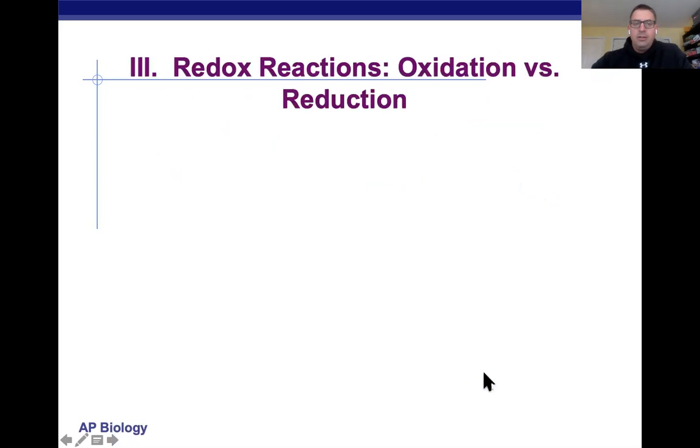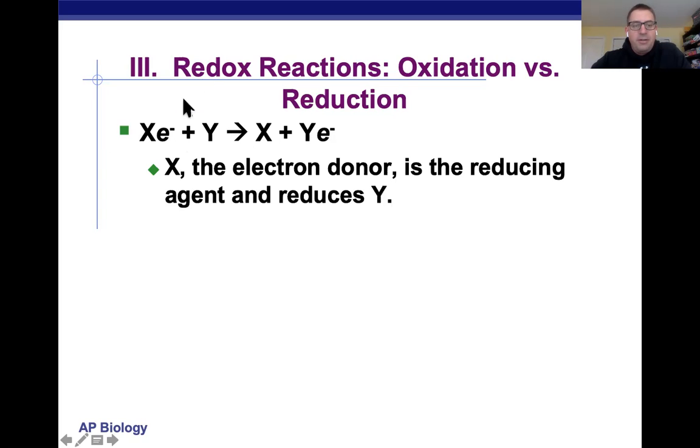Okay. All right, so just to make sure that we're clear here, this is just a generalized reaction. We've got a molecule X that has an electron on it, and molecule Y does not currently have that electron. As it gets transferred in this reaction, this would be a redox reaction, right? Molecule X is losing an electron and molecule Y is gaining an electron.